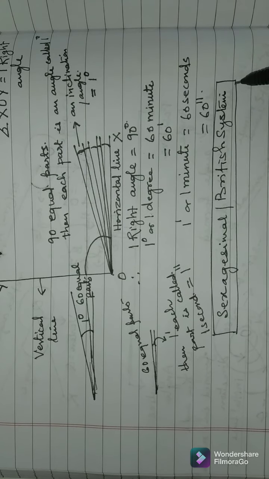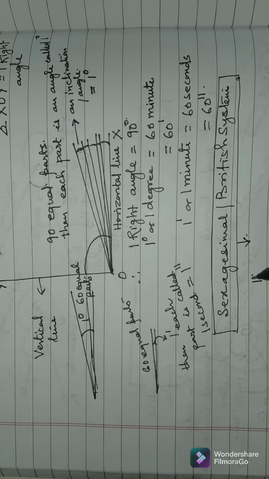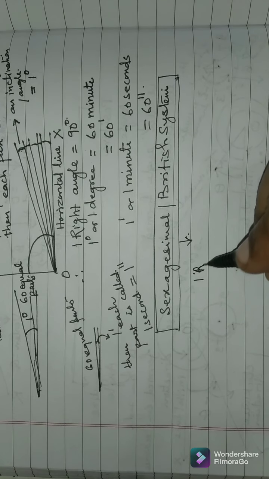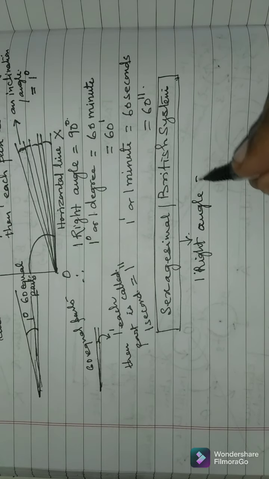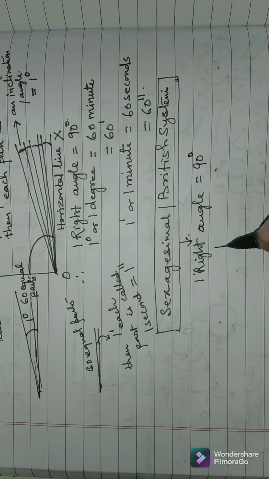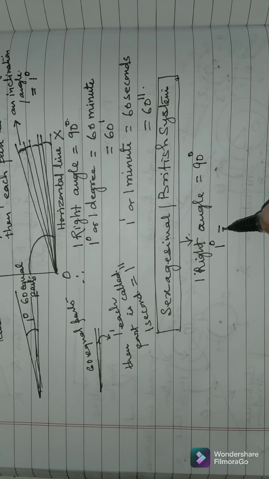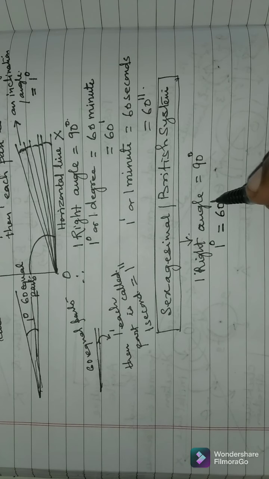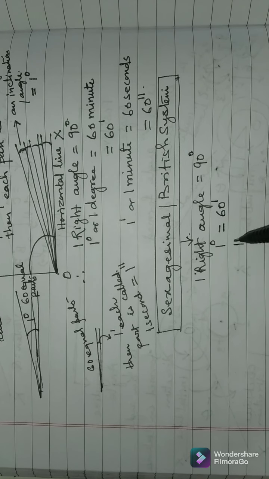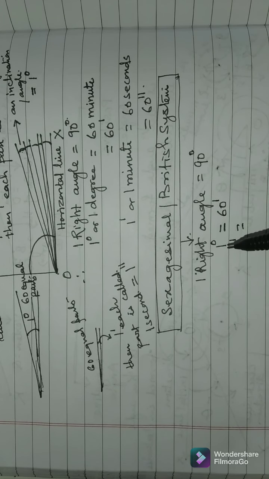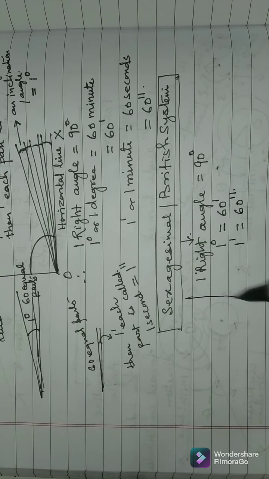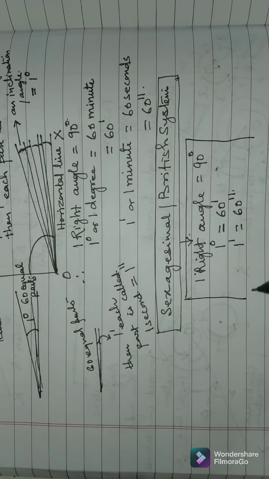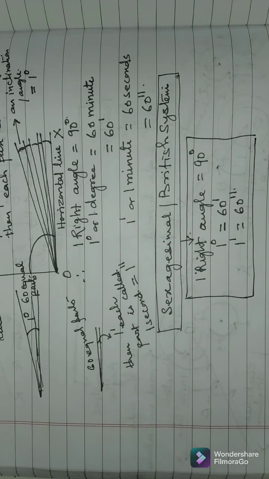So in this system, one right angle is equal to 90 degrees. 1 degree is divided into 60 equal parts, and each equal part is called 1 minute, so 60 minutes. 1 minute is divided into 60 equal parts, each part is called 1 second, so it is 60 seconds. So this you know in class 10th, I think.